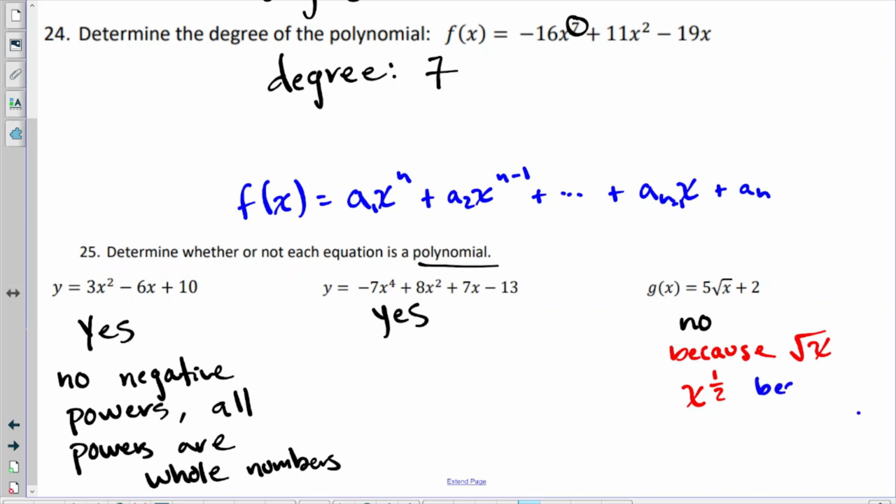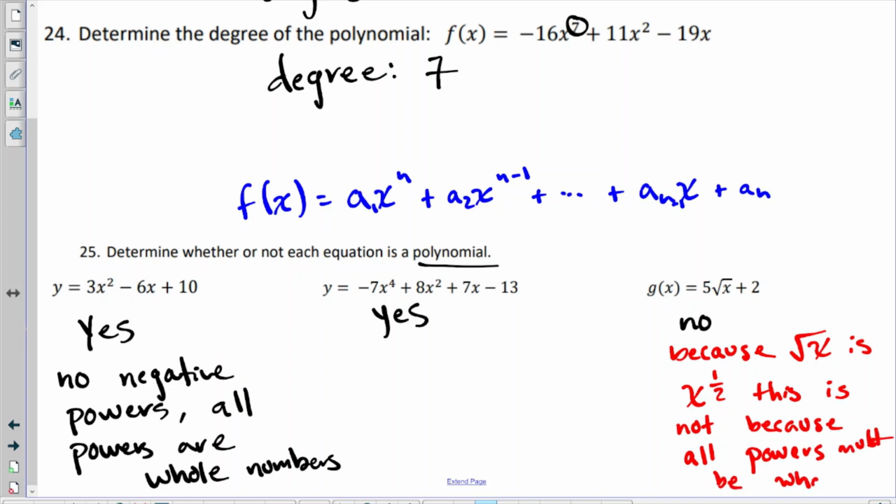Because this exponent is not a whole number, this is not a polynomial, because all powers must be whole numbers. So yeah, you won't really have to know this, but just for the future, to know which one is and which one is not, and if there are any sort of tricks.